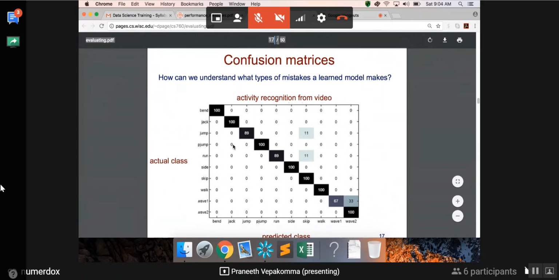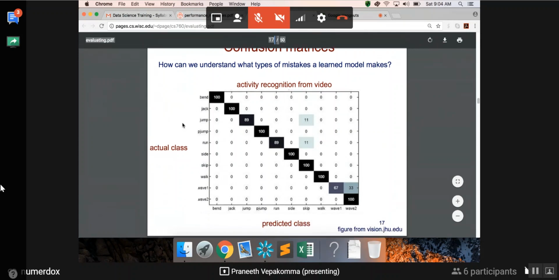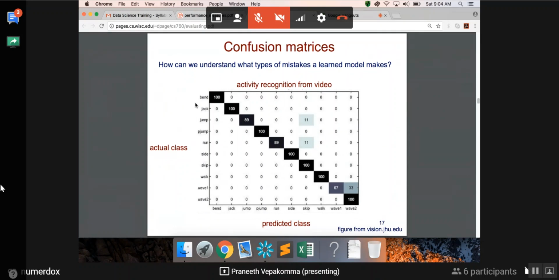You might have a 2-class classification problem. You might have a 10-class classification. So here basically, say you had a model that is being used by a video camera, like in a computer vision setting. Maybe someone is monitoring everyone in the room, and it is trying to classify what activity they are doing.